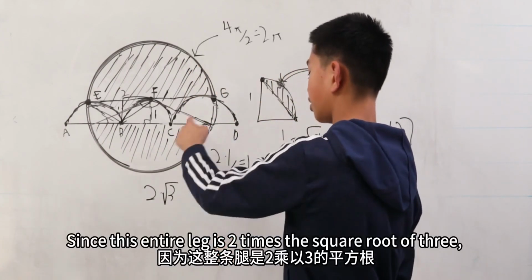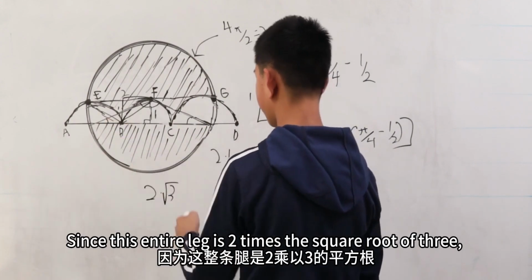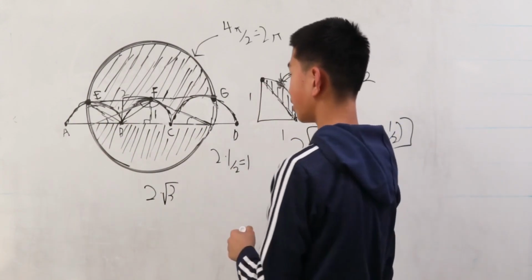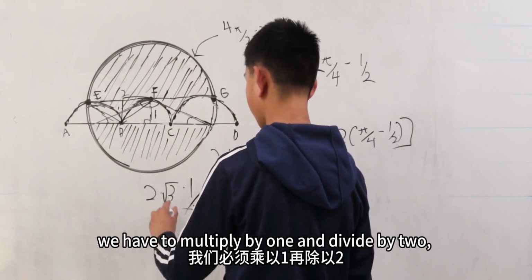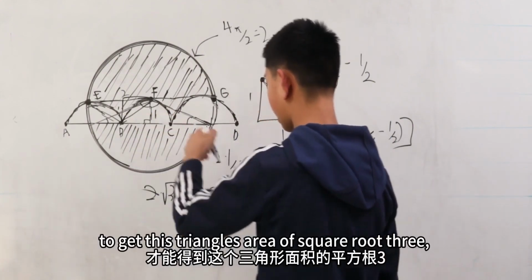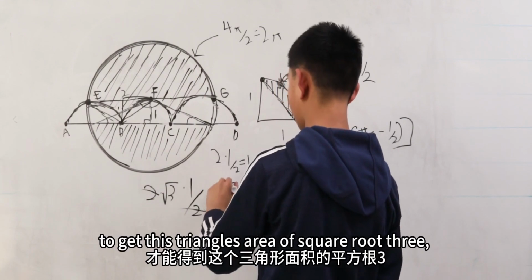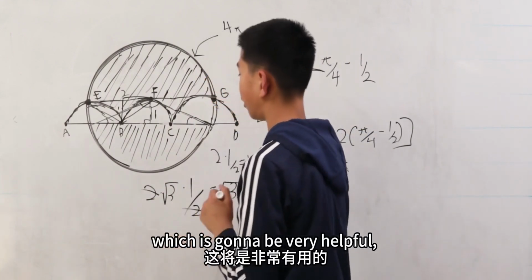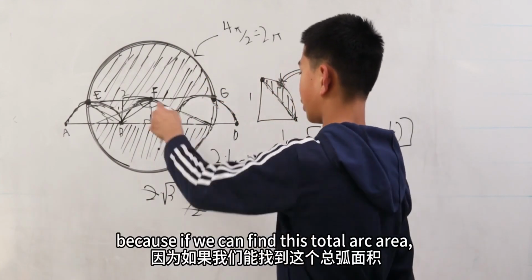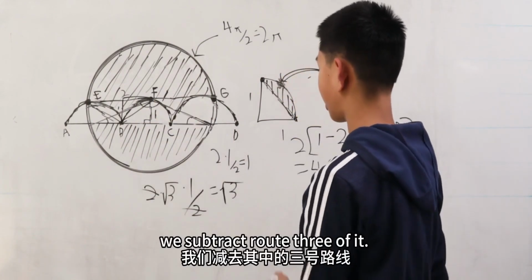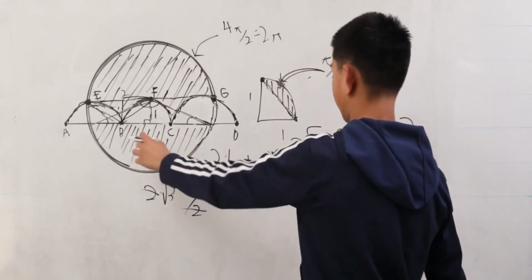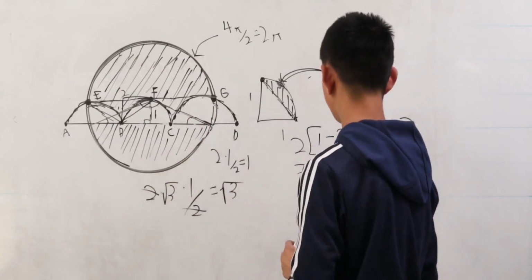Since this entire leg is 2 times the square root of 3 and the height is 1, we multiply by 1 and divide by 2 to get this triangle's area of square root 3. This is helpful because if we find the total arc area and subtract root 3 from it, we get this shaded area.